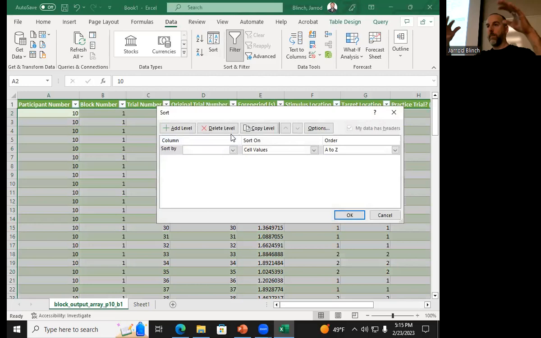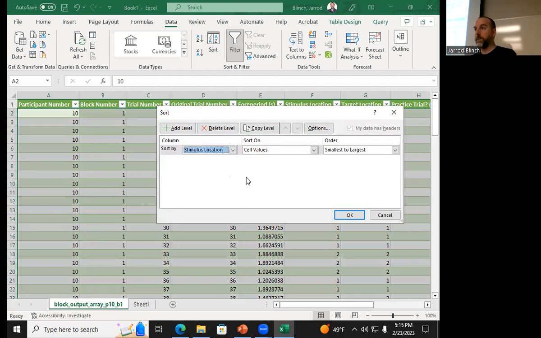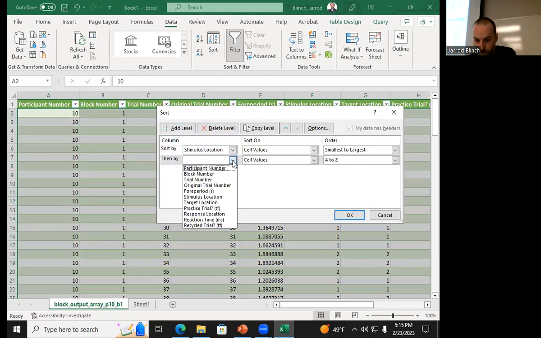It's going to sort the rows together. And the first thing we want to sort by is the stimulus location. But we want 3 levels to this sort, so we can add another one in here. We also want to sort by target location.